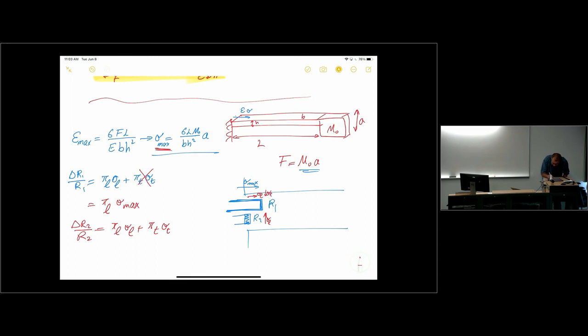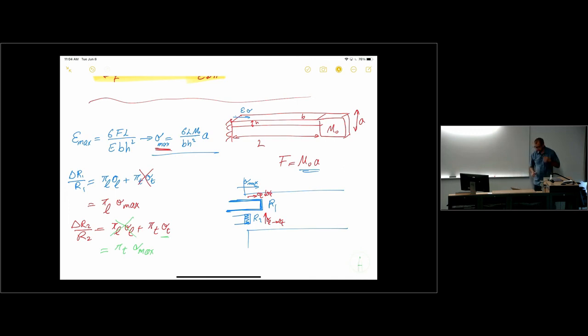For R2, sigma L is in that direction, and sigma T is normal to it, right? So in this case, if I look at this resistor, sigma L is going to be 0 for the same reason that we talked about, and I only have sigma T, and therefore the output is going to be pi T sigma max. Sigma T in this case is just sigma max.